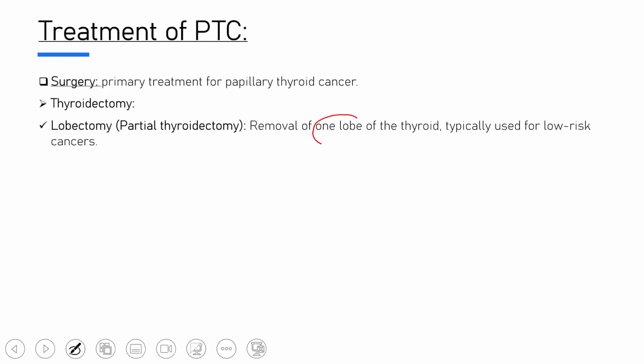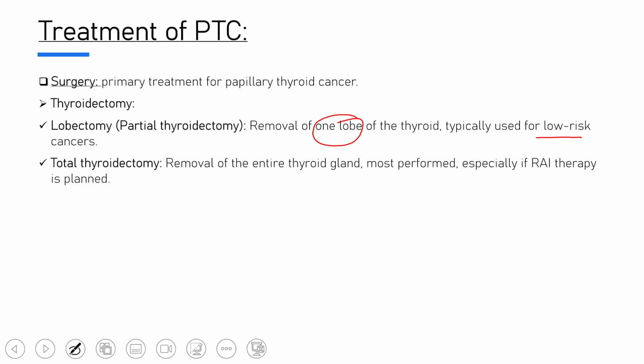There is removal of one lobe, and typically this is done when there is a low-risk papillary thyroid carcinoma, but if it has become more malignant, then total thyroidectomy is done, where the entire thyroid gland is removed. This is a must especially if radioactive iodine therapy is planned. So in those cases, total thyroidectomy is done.